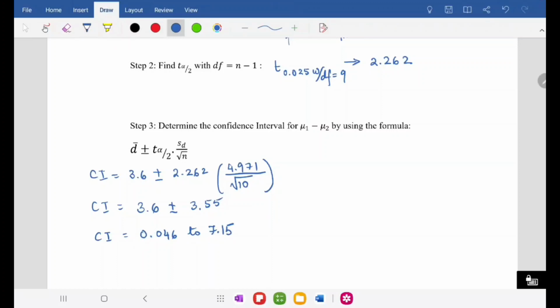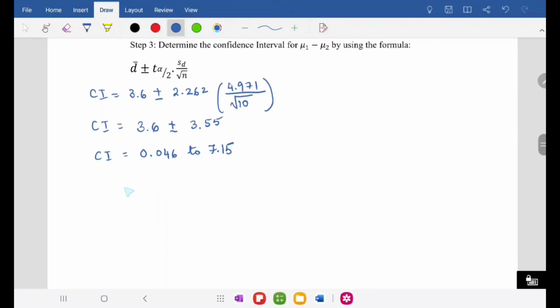All right, so that's our interval. Again, do not forget to interpret it in the right manner.